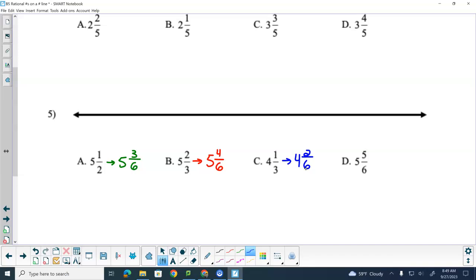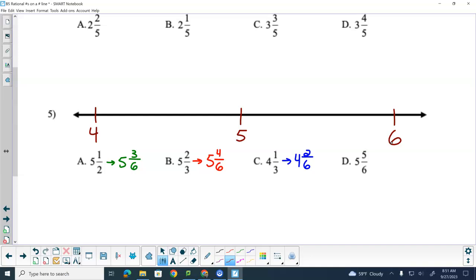Put those numbers on a number line, please. The numbers that we have on our number line are 4, 5, and 6. A, where does A go on my number line? Between what? Between 5 and 6.